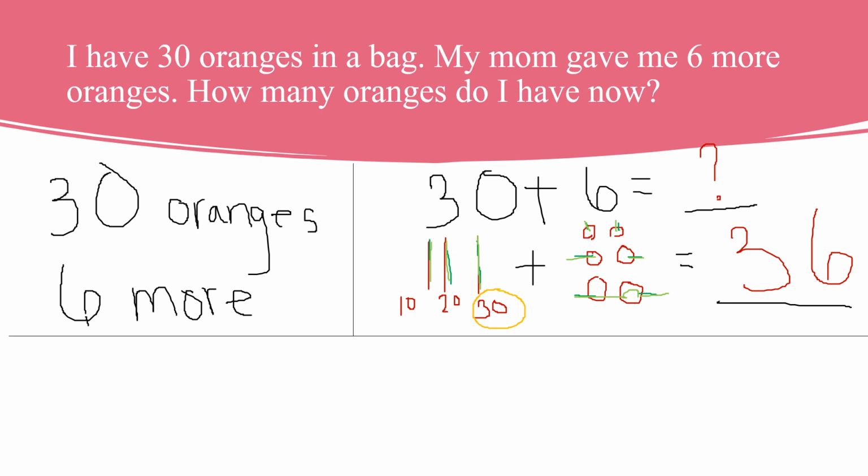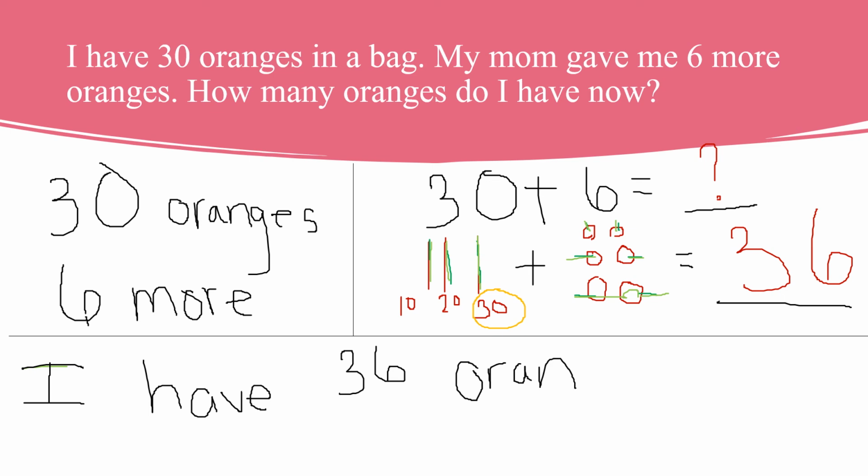So I could say I have 36 oranges in total. So my answer will be I have 36 oranges in total.